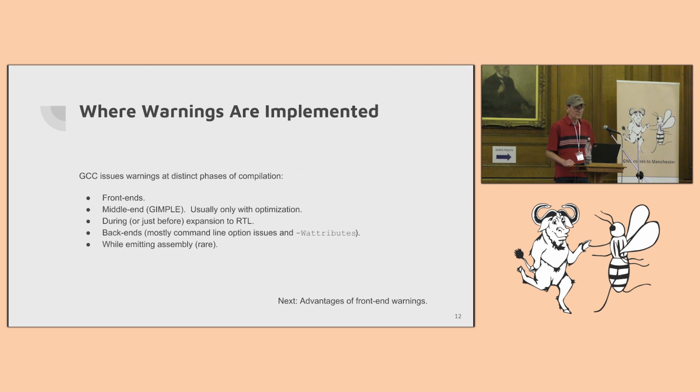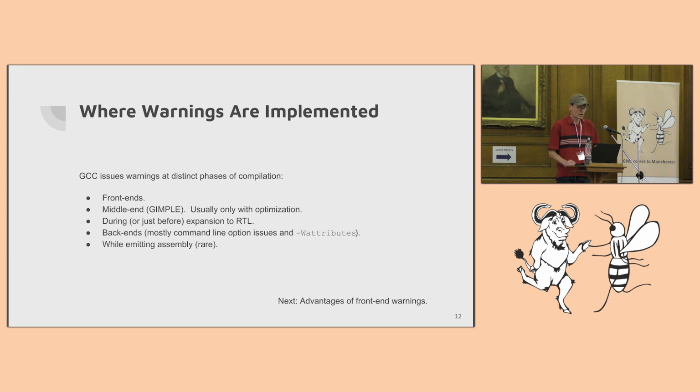So where does GCC implement warnings? Where does GCC issue warnings from? We can see warnings coming out of pretty much all stages of compilation, except I think for preprocessing. The warnings are implemented in front ends. The warnings are implemented in the middle end, including the gimplifier, usually only with optimization, but not always only with optimization.